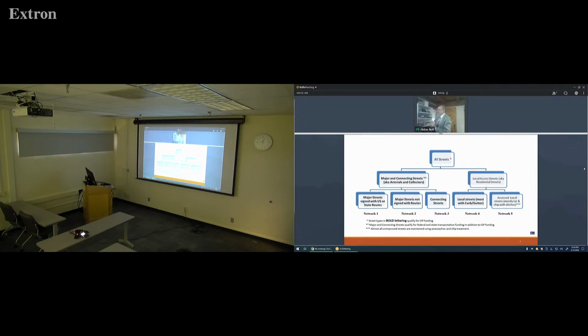And network 4 is a local street, and network 5 is also local street, but the maintenance strategies are different. It's like oil and chip and tar roads only. Our main focus on this project was network 4.